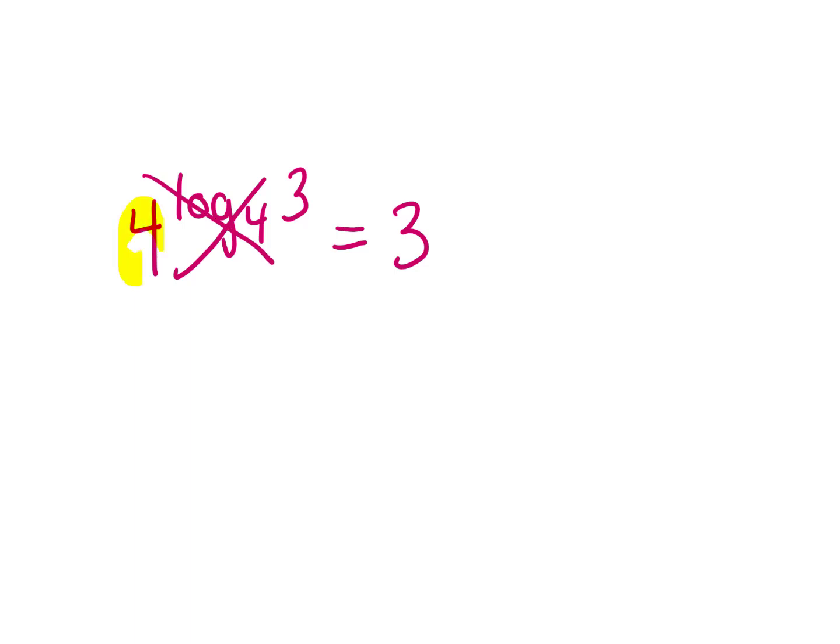So for example, if I have 4 to the log base 4 of 3, that's going to equal 3. That's because the base of 4 for the exponential is identical to the base in the logarithm. The exponentials and the logarithms are inverses of each other, so therefore they cancel each other out.